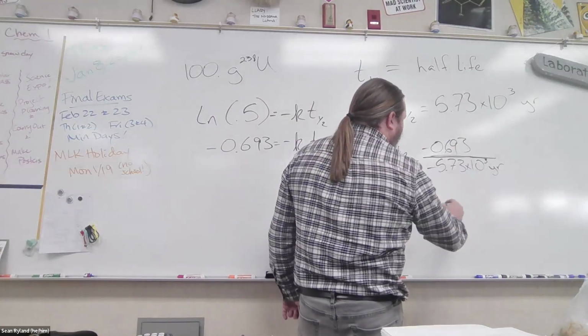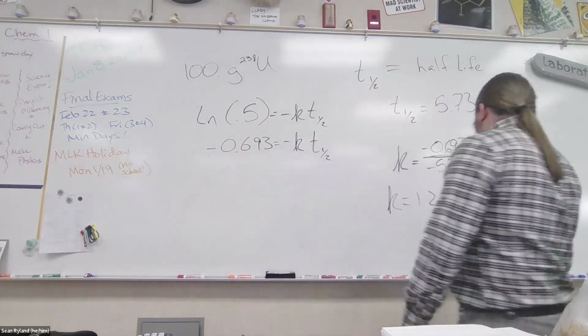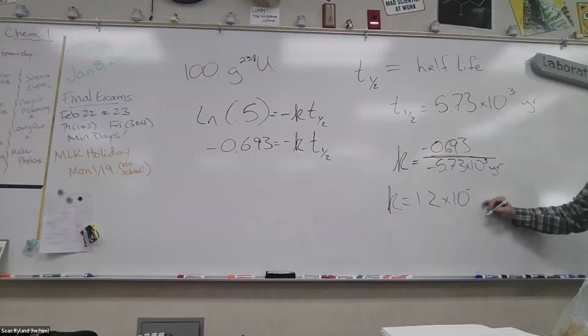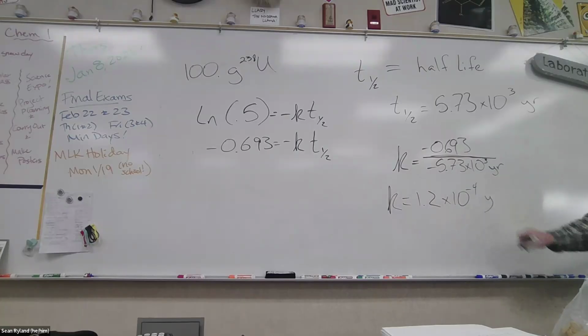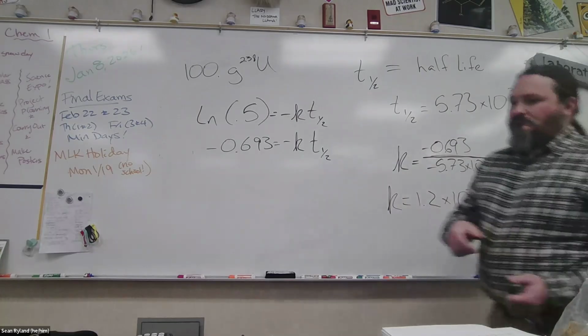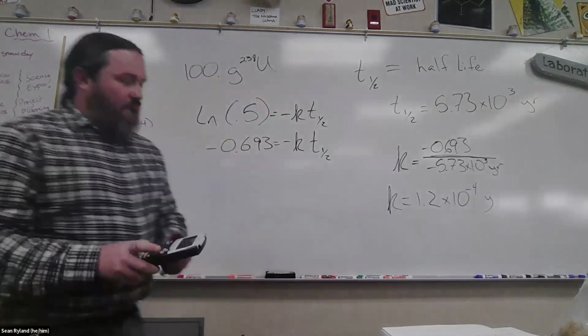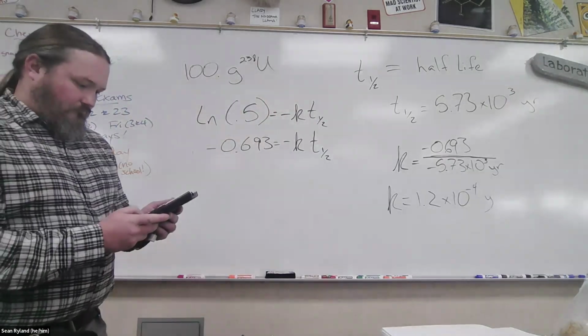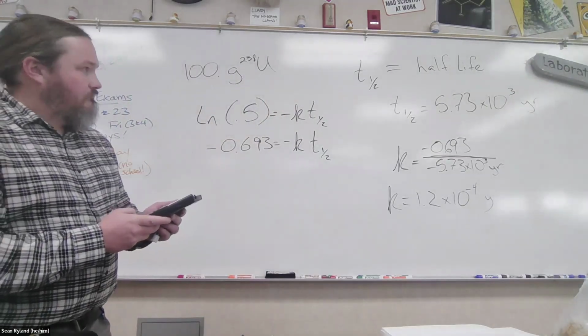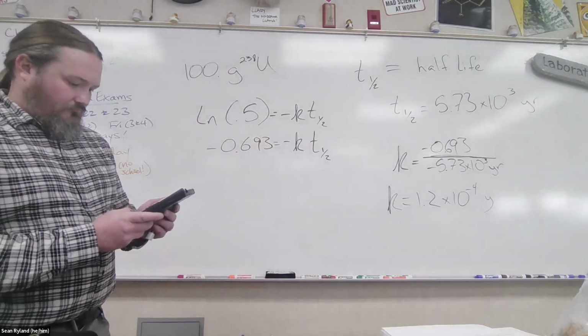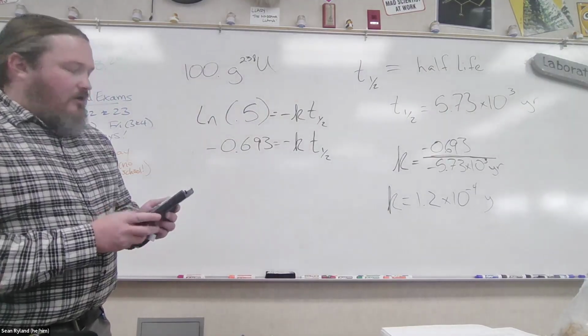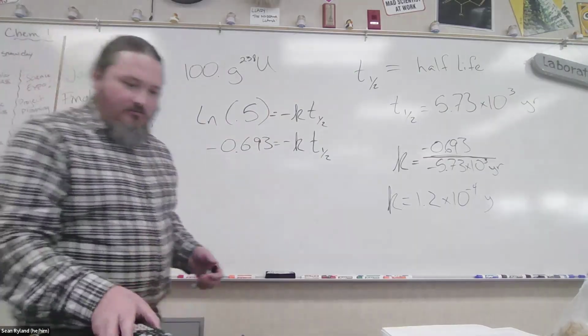That gets something like 1.2 times 10 to the minus 4. 1.21.